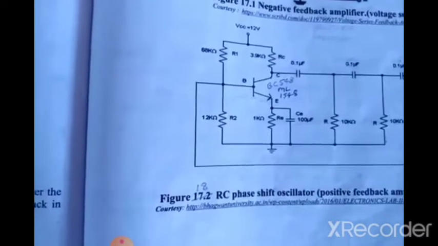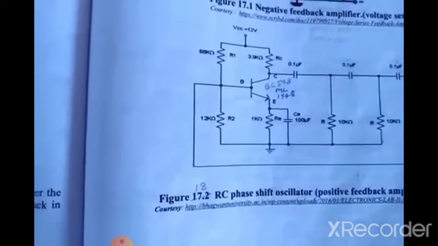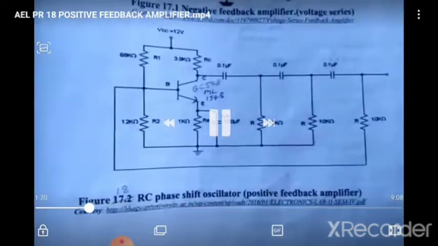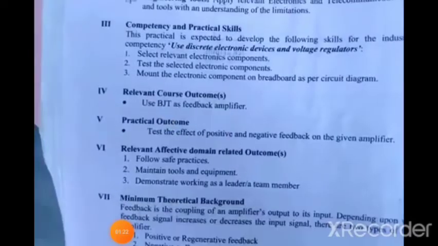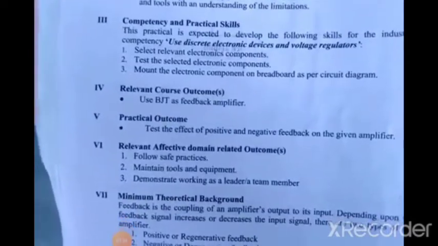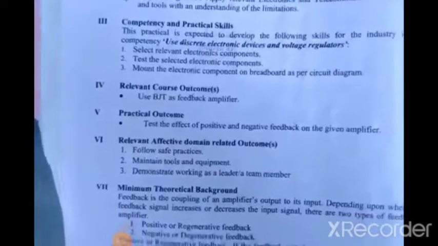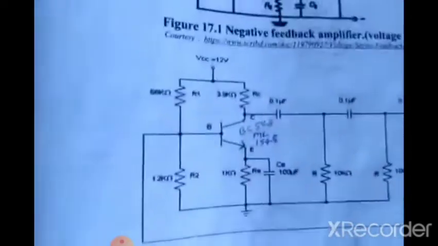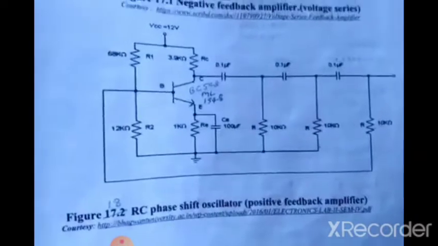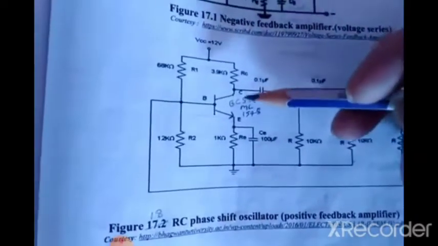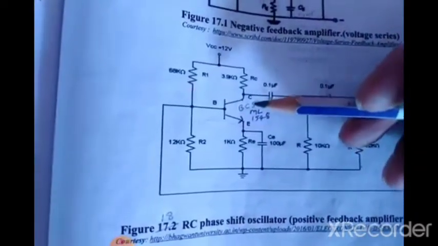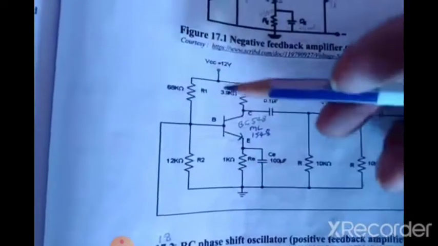Now the components used in the positive feedback amplifier are: first is the BC548 transistor. There is the transistor used over here.